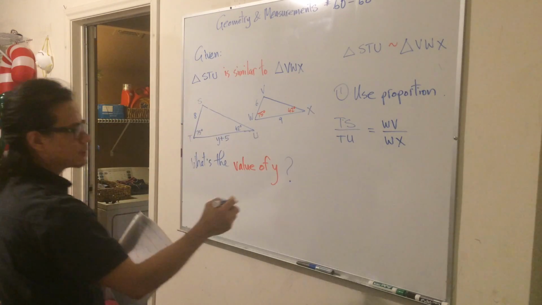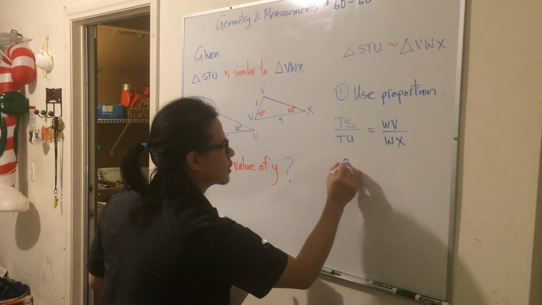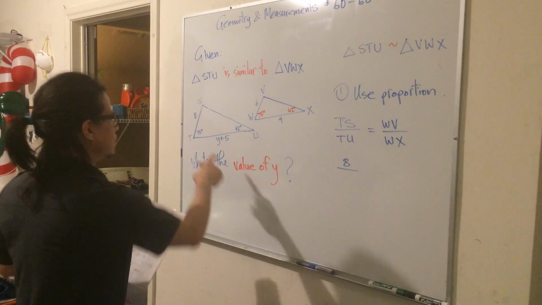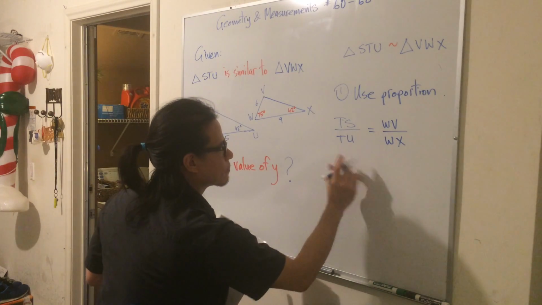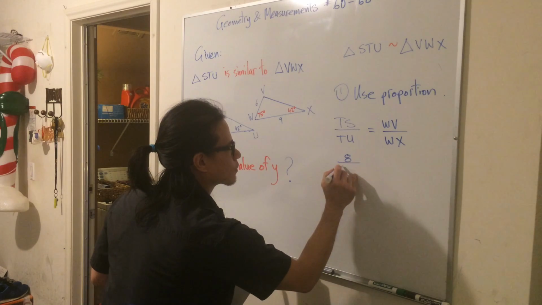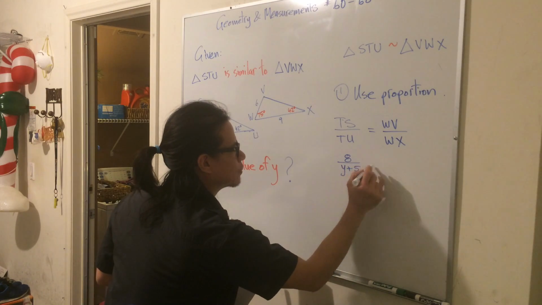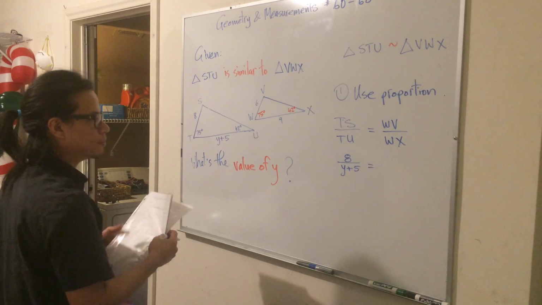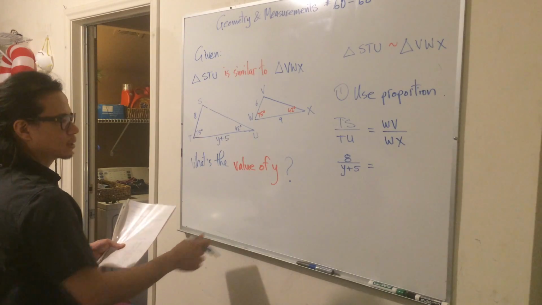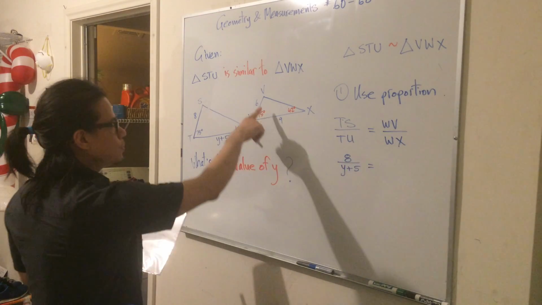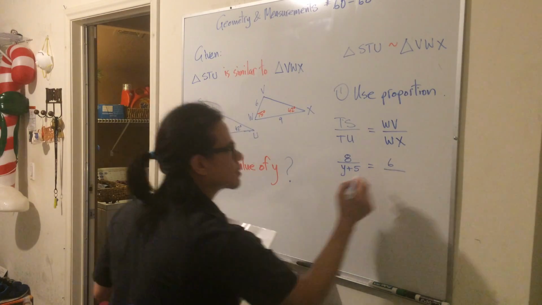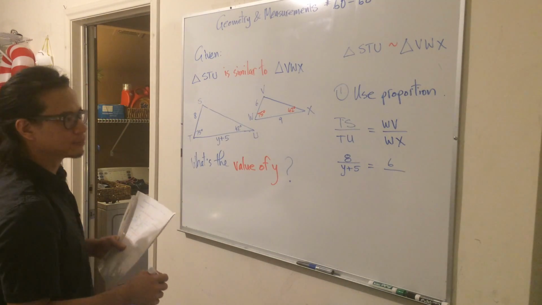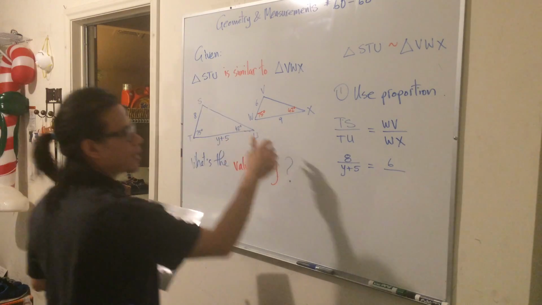TS is equal to 8 over TU, which is y plus 5, equals WV, which is 6, over WX, which is 9.